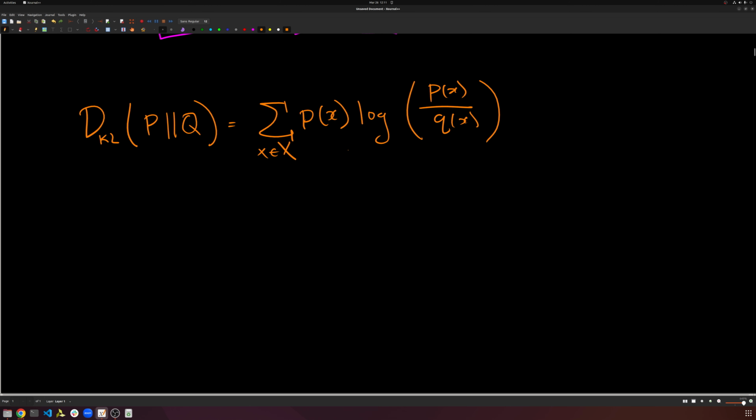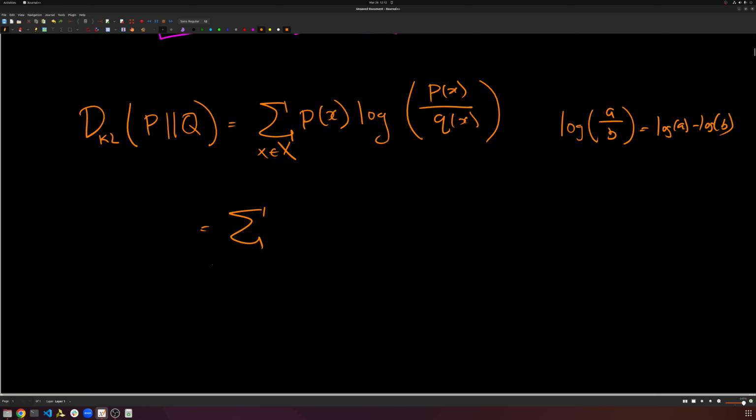Let's rewrite some of this out and separate stuff out. We know the log of a over b is log of a minus log of b, a typical log property. So let's apply that. We have this fraction here, so we can split it up.